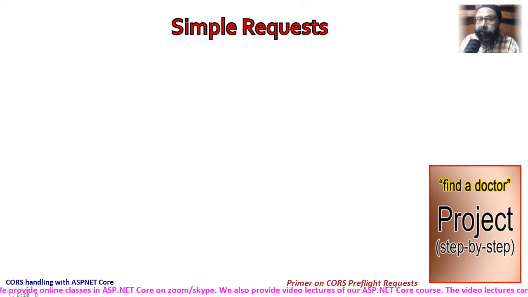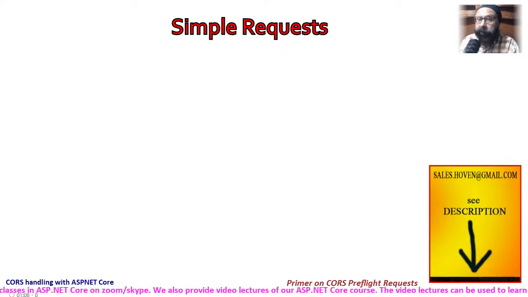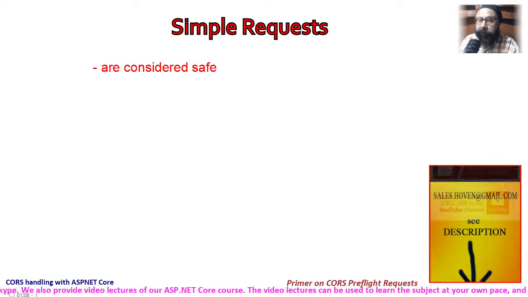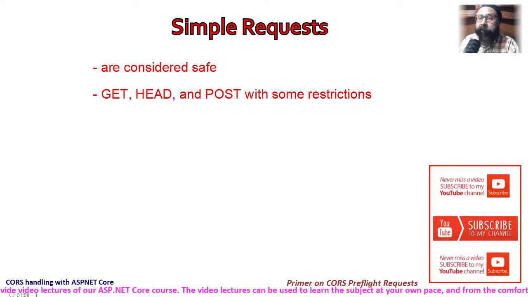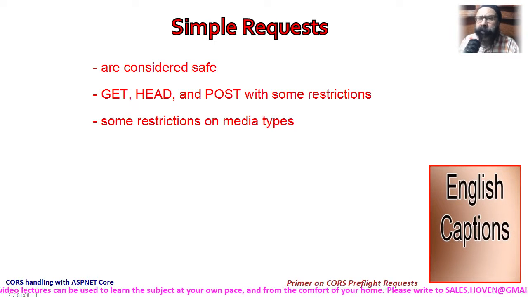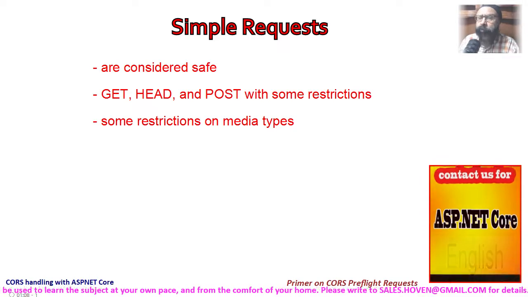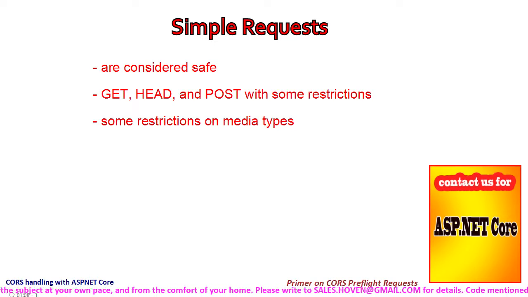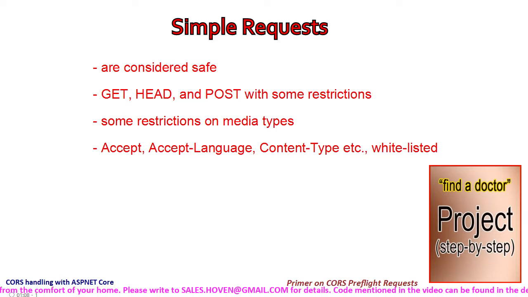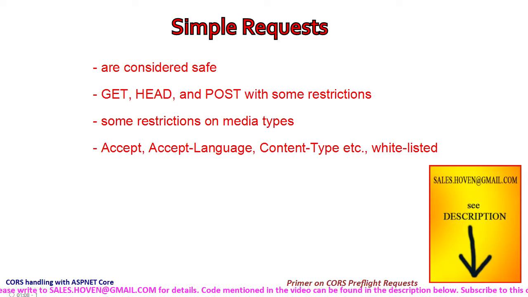Now, there is a general agreement among the browsers regarding simple requests. These requests are considered safe. For example, GET, HEAD, and POST are considered simple requests. There are some restrictions on media types that are allowed through these requests, and headers such as Accept-Language, Content-Type, and a few more are considered whitelisted.